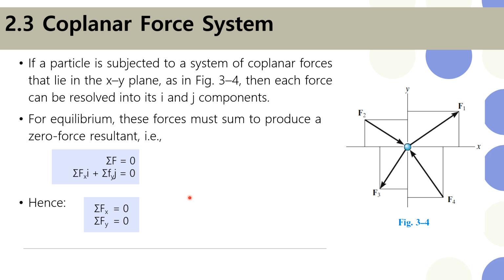For the particle to be in equilibrium, the sum of all forces must be zero. So this will give us two simple equations to work with: the sum of forces in the x direction is 0 and the sum of forces in the y direction is 0.